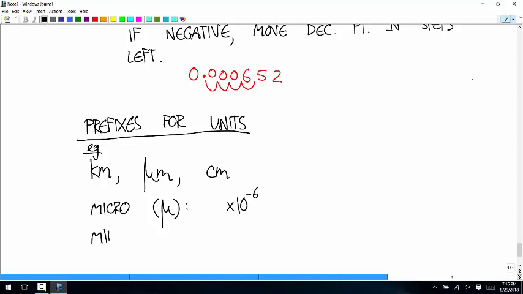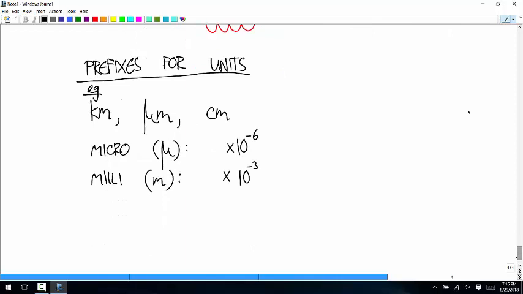Then milli is represented with a lowercase m. That can be a little confusing because we're not talking about meters and it has the same abbreviation, but that's times 10 to the minus 3rd. Centi, that's a lowercase c. That's times 10 to the minus 2.